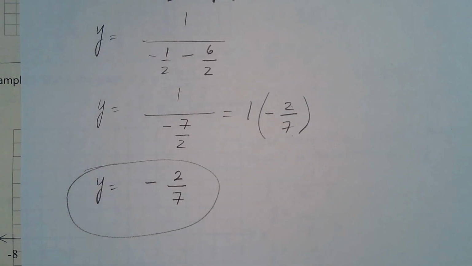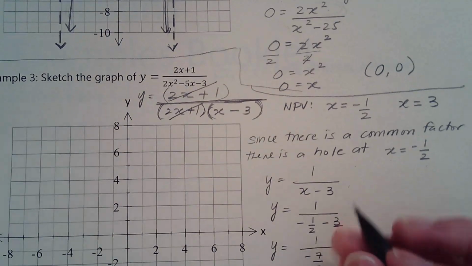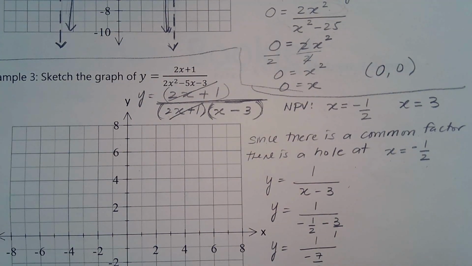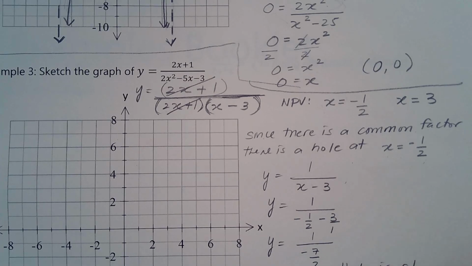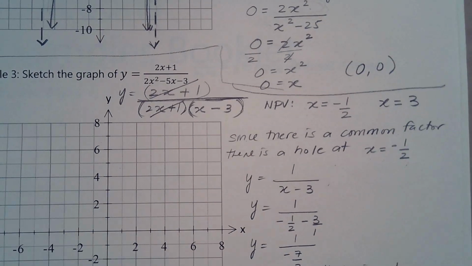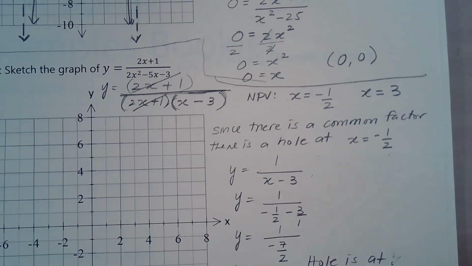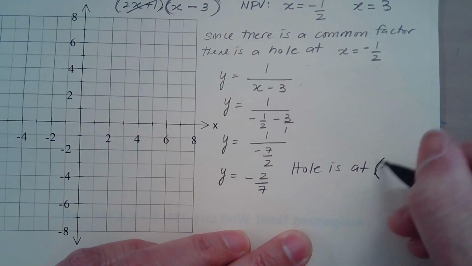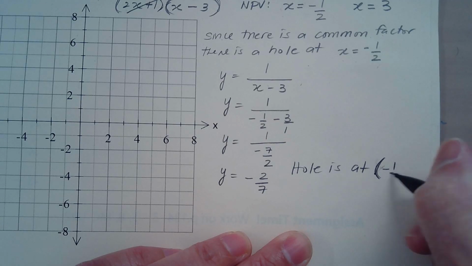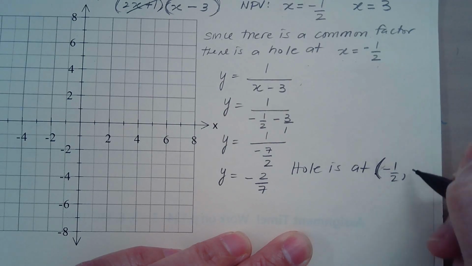So the hole is exactly at -1/2, comma, -2 over 7.